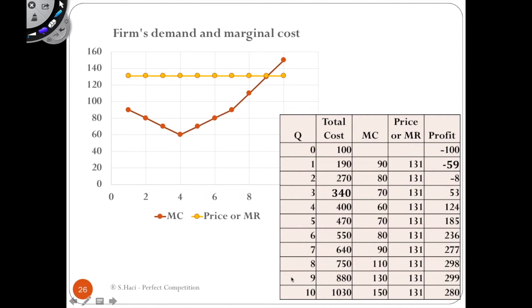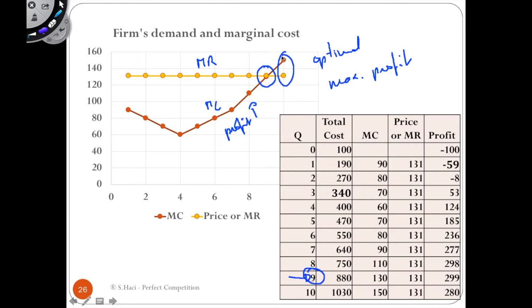So this 9th unit here, this quantity, this output level, is the one that is going to be optimal. The one where you will maximize that profit. Because as long as there is a positive difference between the marginal revenue over here and the marginal cost, you will keep increasing profit.